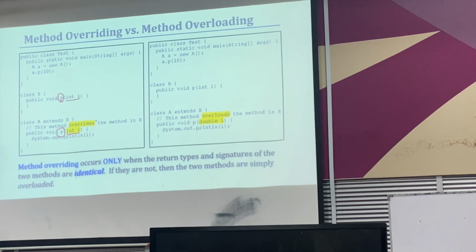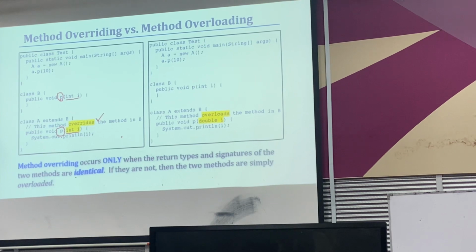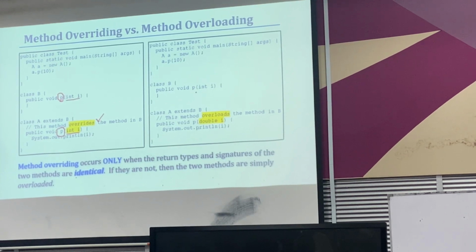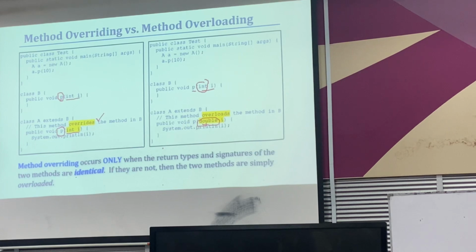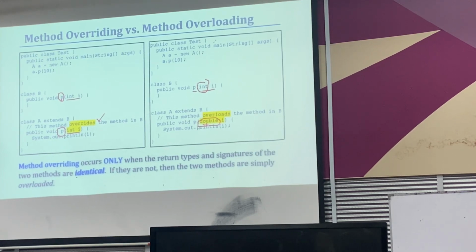So this is overriding. And here you have p with integer i, and this one is a double. Different parameters, so even though they are in the parent and subclass, we call it method overloading.